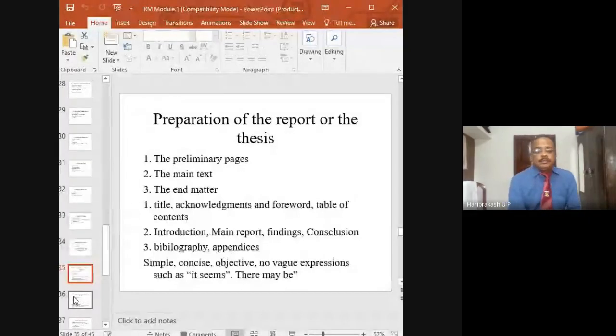It is professional writing. Words like I, me, he, you should not be used. Not like this: 'The research I found in the study, it was very useful for me.' Instead, you have read: 'The study was done for the purpose of gaining practical knowledge.' Some vague terms I mentioned are 'it seems' and 'there may be'. These are vague terms, so they should not be used in writing the report.